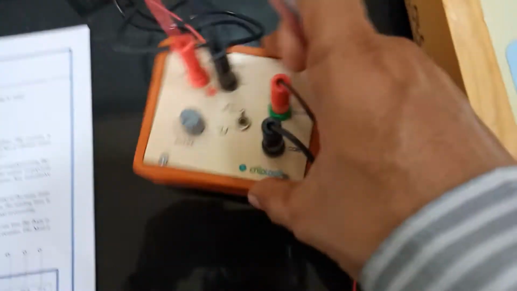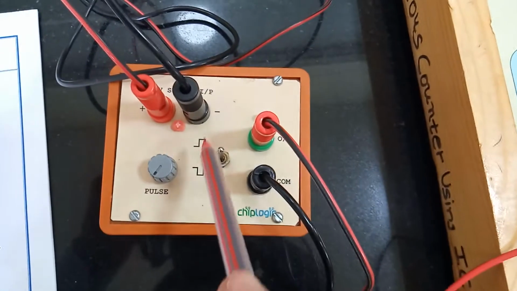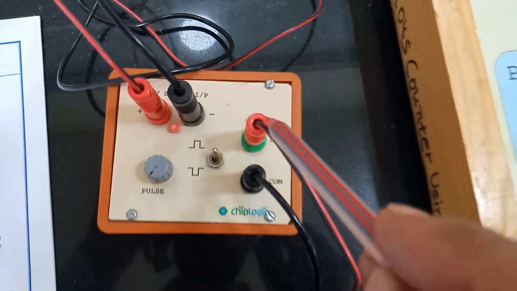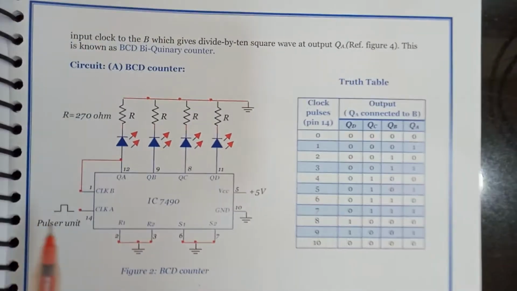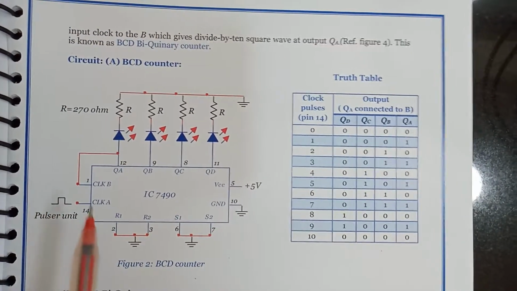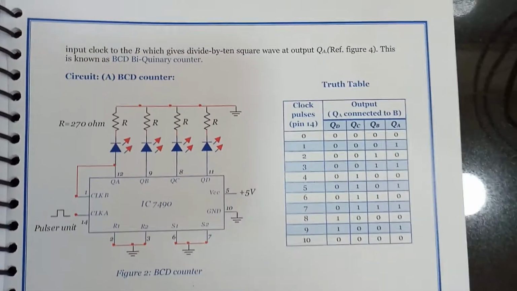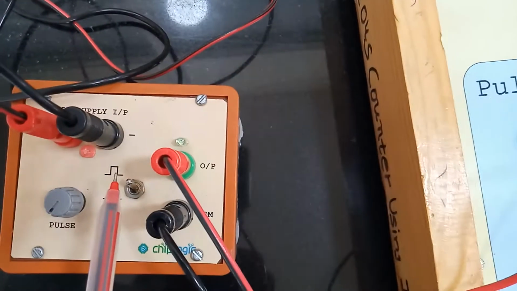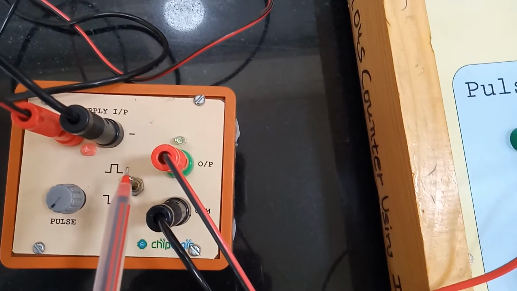You can see the pulser is providing a positive or negative pulse. As given in the circuit diagram in the synopsis, we have to give a positive pulse in the BCD counter, so I have connected this switch to the positive direction of the pulse.